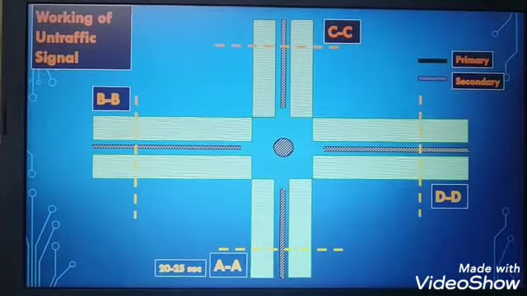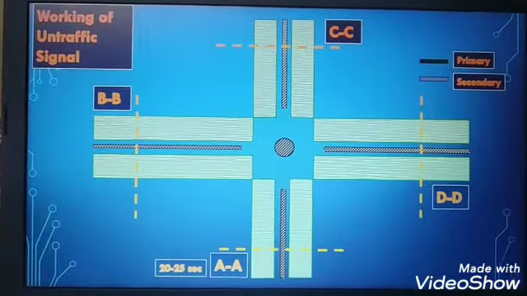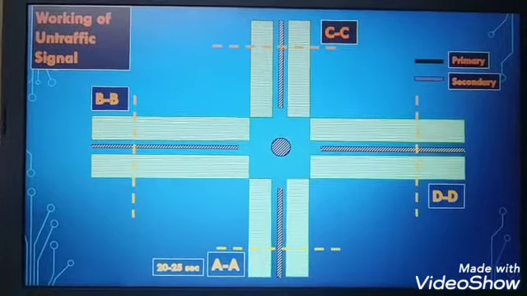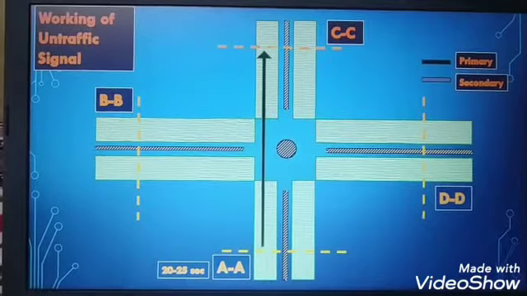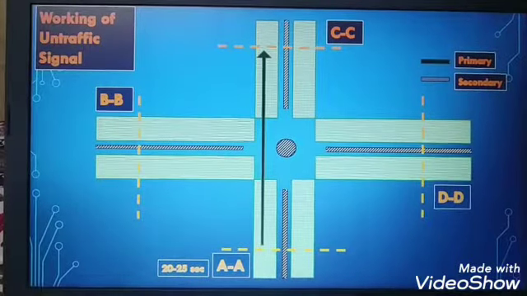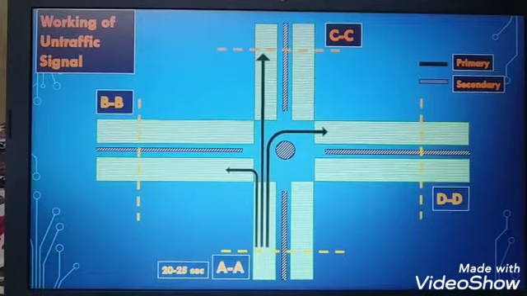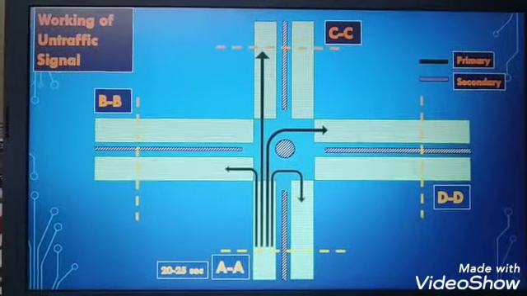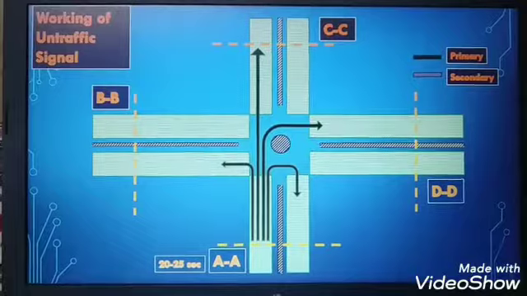So the primary lane: basically all the lanes will have, we will consider, 20 to 25 seconds for the green signal and their vehicle movements, and the primary signal will be denoted by these black arrows. Now consider that AA lane is the primary lane for this first case.